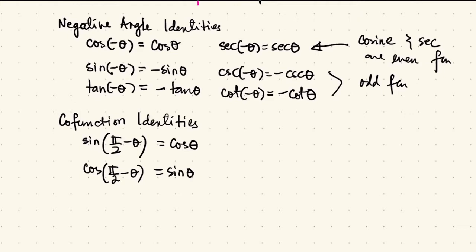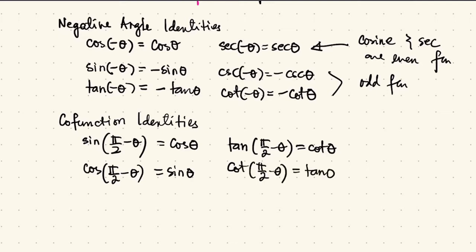And ano kaya yung sa tangent? Tangent pi over 2 minus theta is cotangent theta. Cotangent pi over 2 minus theta is tangent theta. And yung huling-huli, secant pi over 2 minus theta is cosecant theta.